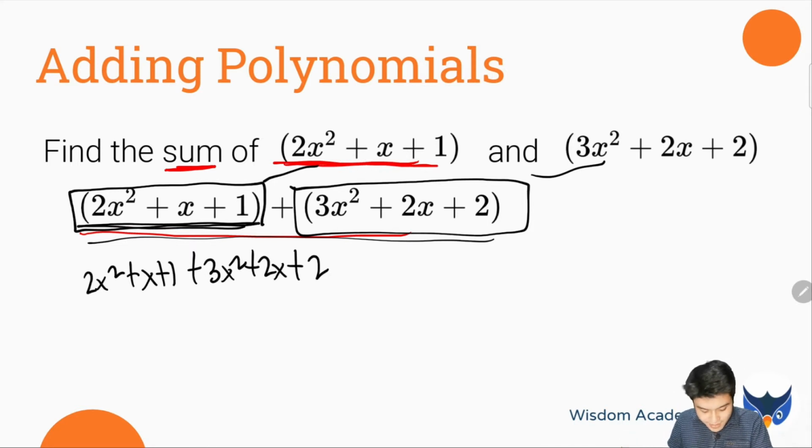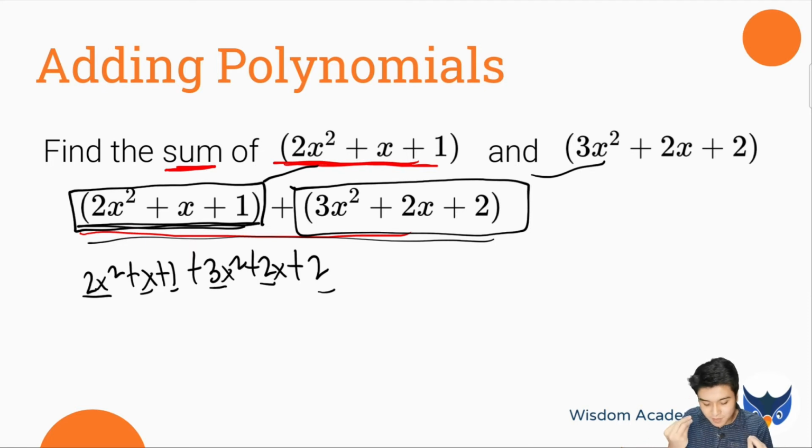And then, another thing is that commutative property, pwede mong pagpalit-palitin yan. Pwede mong igalaw yung mga terms. Una-una, pagtabi-tabihin mo kung ano yung tingin mong like terms. Ganun yung gagawin ko ngayon. Pagtatabi-tabihin ko yung like terms, i-organize ko lang sila. Basically, inaayos ko para mas madaling maintindihan, no?